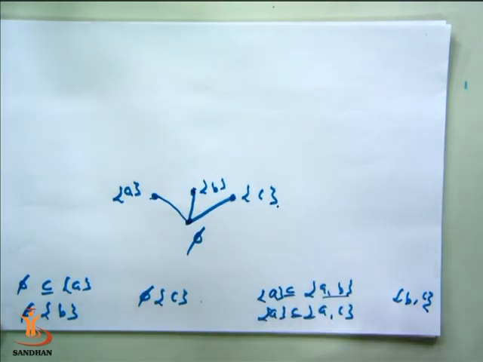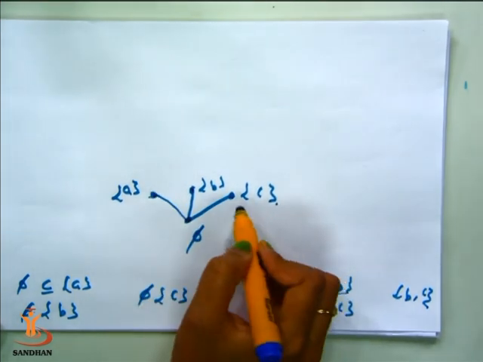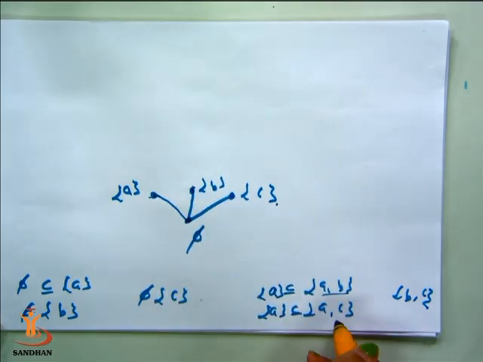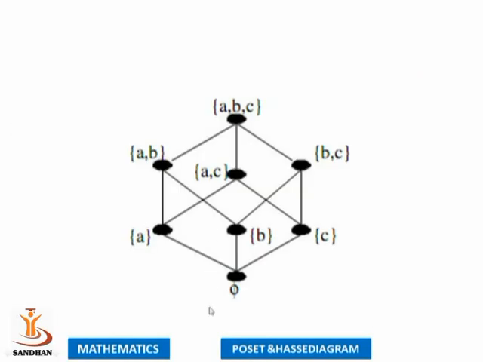So A can be joined by AB and AC. And C can be joined by AC also. So here first A, B and C, then A can be joined by AB and B can be joined by AB.